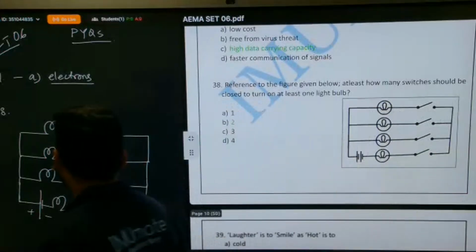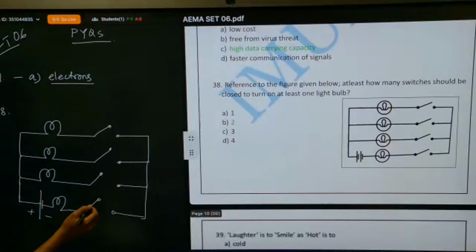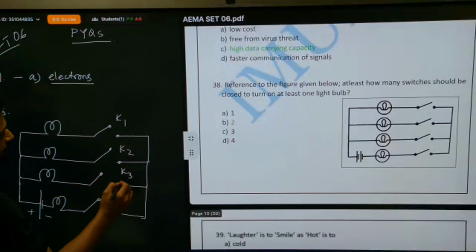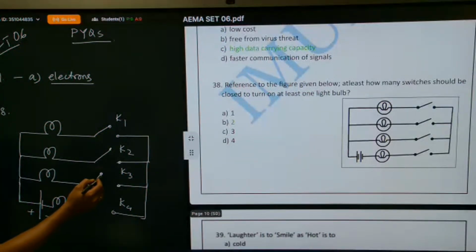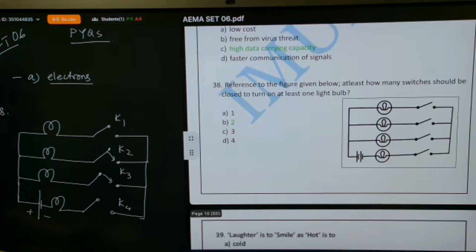So let's say you want to at least turn on one bulb. There are 4 keys, K1, K2, K3 and K4. If you join K3 and K2, the cell or the battery will be in open circuit, so it will not light up.